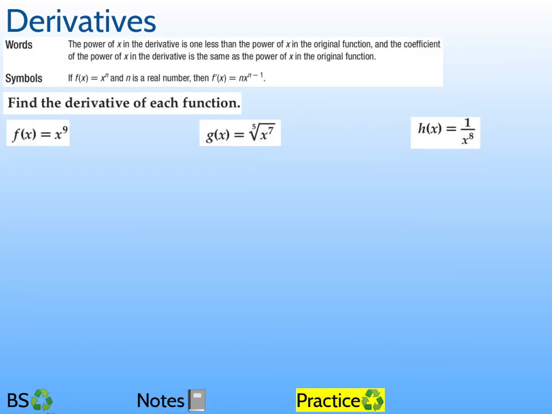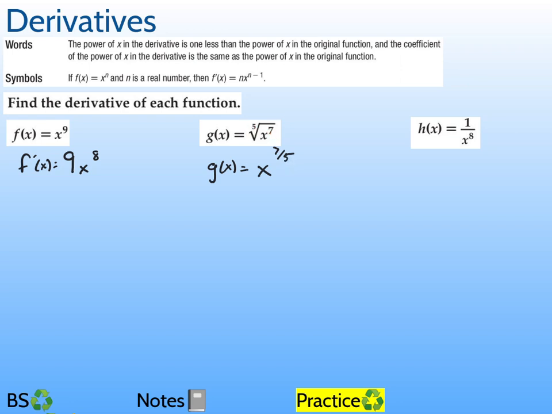Okay, let's try a few more right here. So for x to the 9th, that one's pretty straightforward. You bring down the 9, and then x to the, subtract 1, 8th. g of x is a little complicated. Now, we're going to have to deal with a little power rule thing. g of x, I'm just rewriting it here, not even taking the derivative, is x to the 7 over 5. Remember, this is the power here, and this is the root.